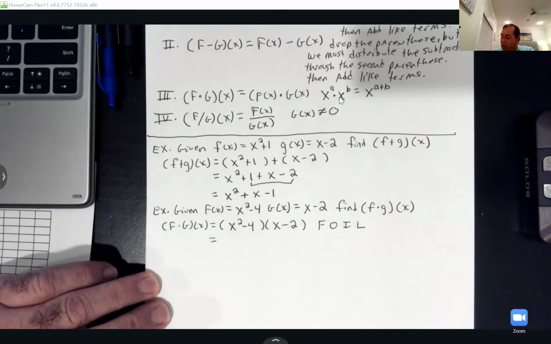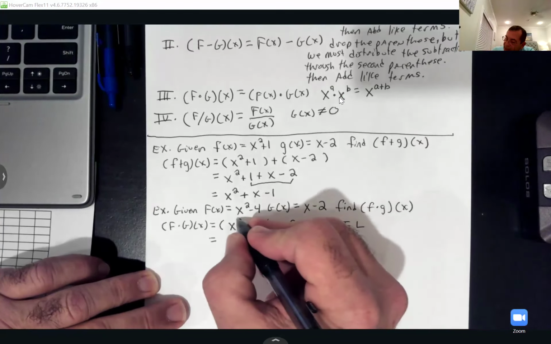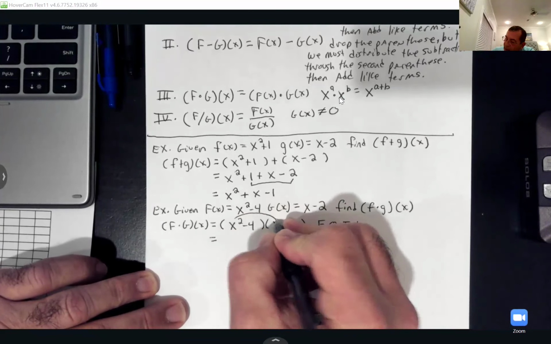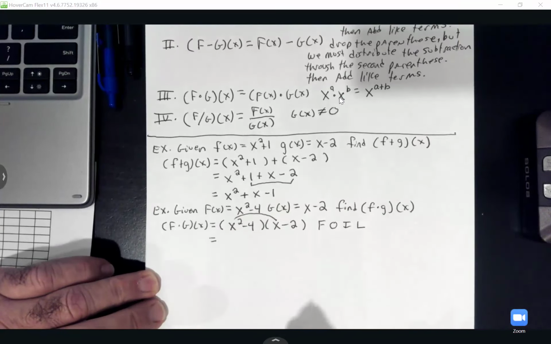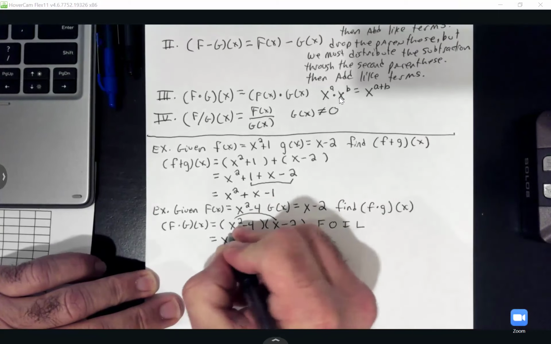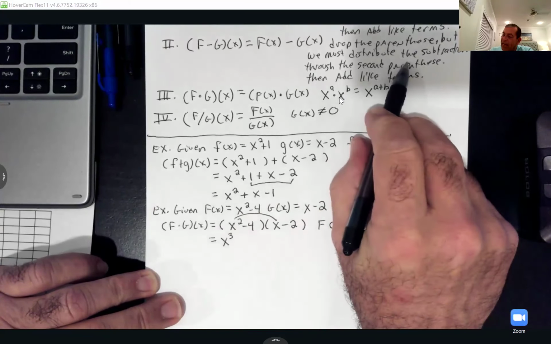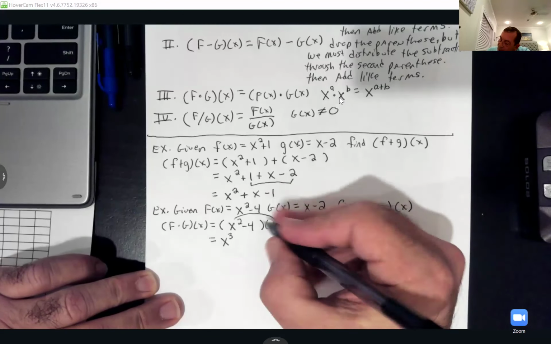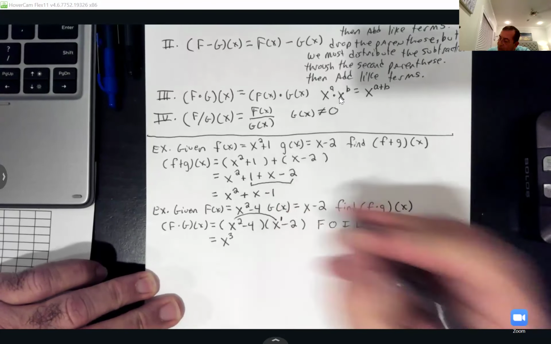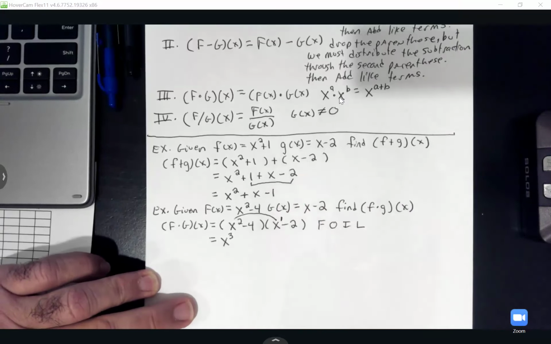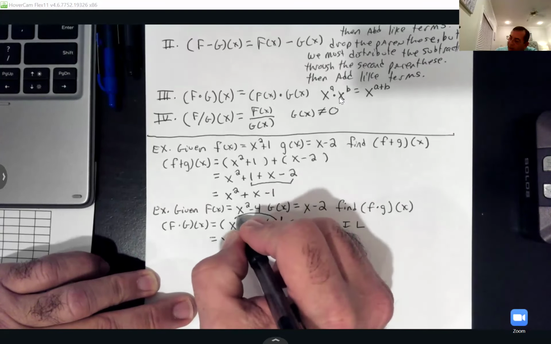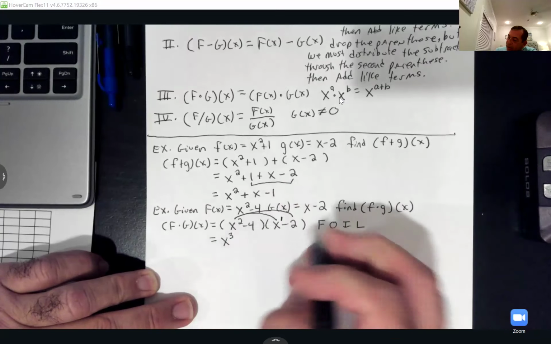So the first question would be, I'm going to take this x squared times that x. What do y'all get? X cubed. Good job. Now remember, we said add the exponents when you multiply, but this second x, if it don't have an exponent, you got to treat it like a 1. All right, y'all, then that x squared, I multiply by the negative 2.